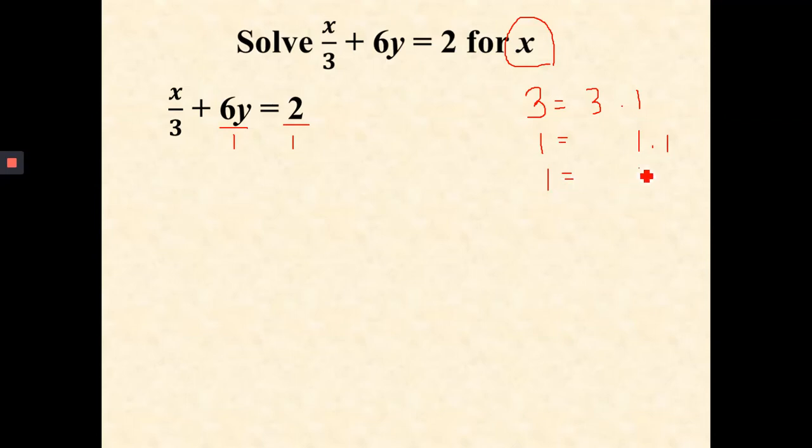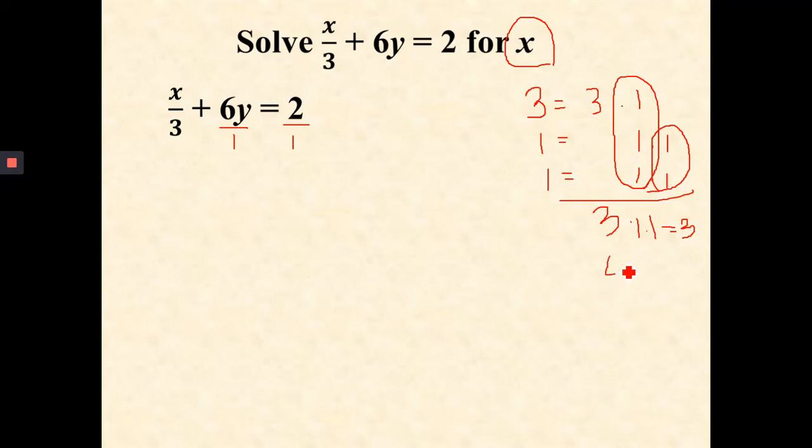It is still 1 times 1. So you have here 3 times 1 that is 3. Therefore, your LCD is equal to 3.